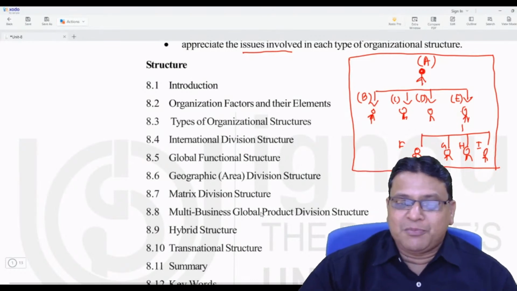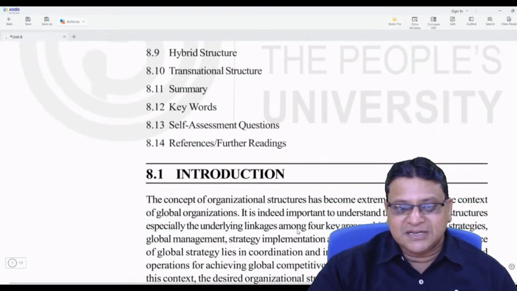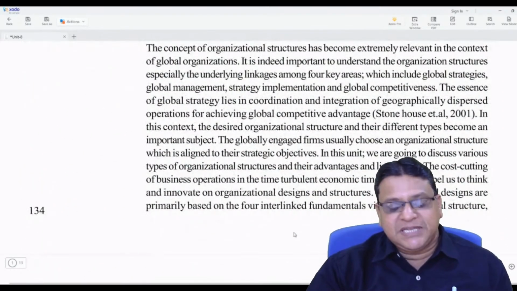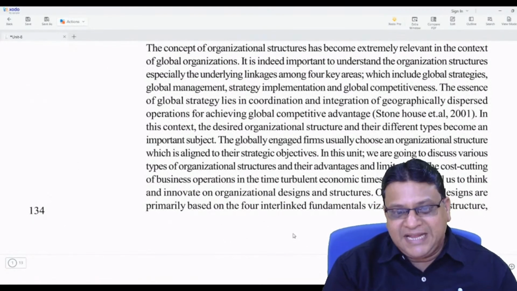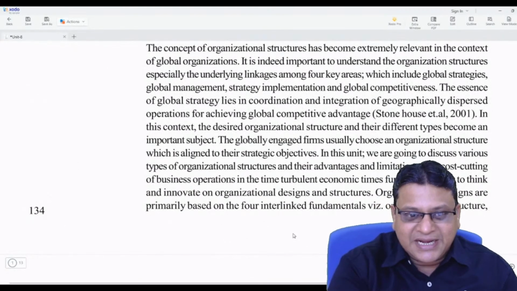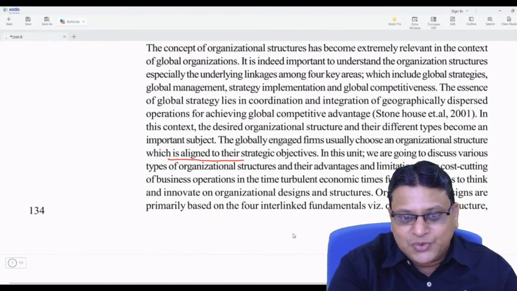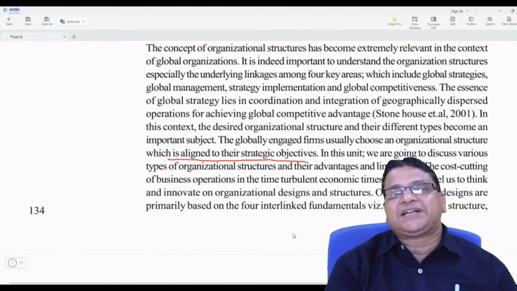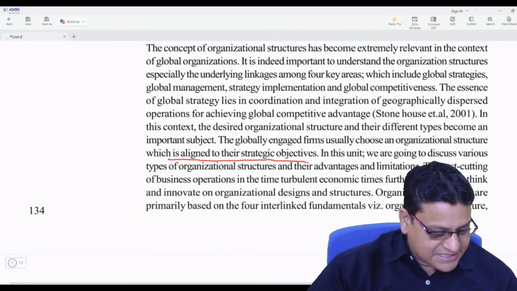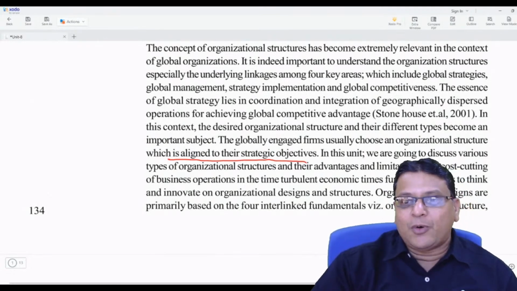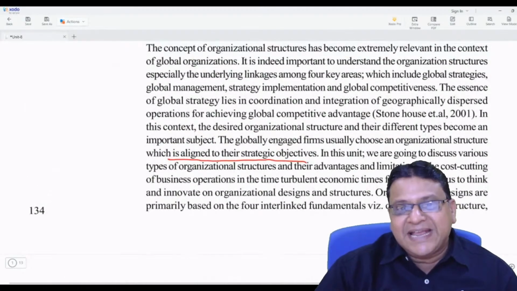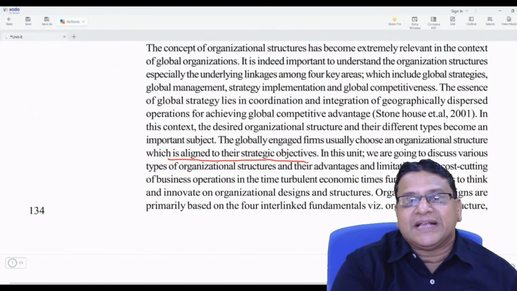Now, we will discuss some other aspects of organizational structure. The organizational structure should be designed in such a way that it is aligned to the strategic objective of the business. The organizational structure should act as a linkage among 4 areas.